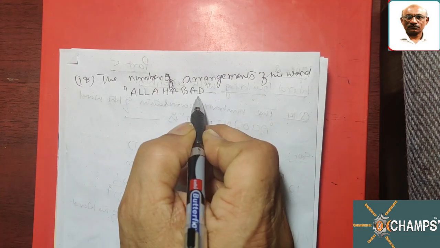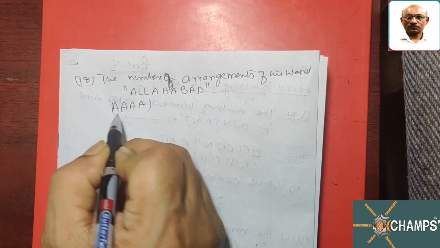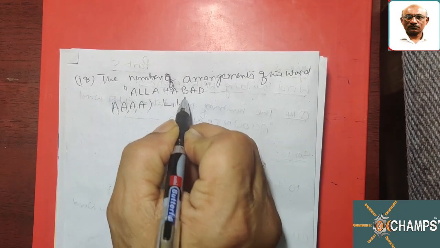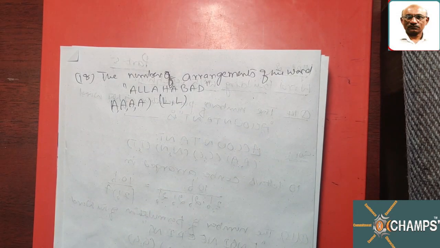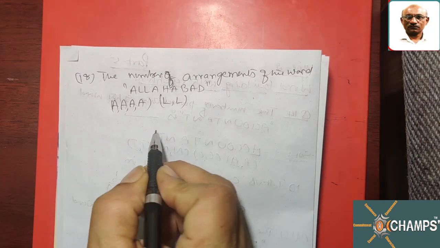Now in the given word Allahabad, A is repeated 4 times, L is repeated 2 times. So alike letters of one kind in one bracket, alike letters of another kind in the second bracket.